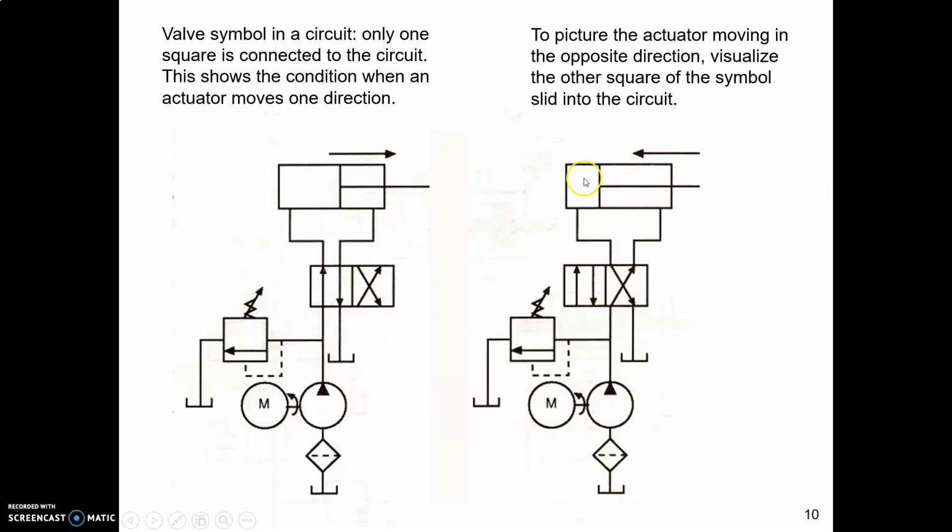And the oil that gets squeezed out of the piston end comes back down this line into this other way through the valve and drains back to tank. So you see how these two positions, these two envelopes in the symbol, show us which way the oil can possibly flow as the cylinder is extending or retracting.